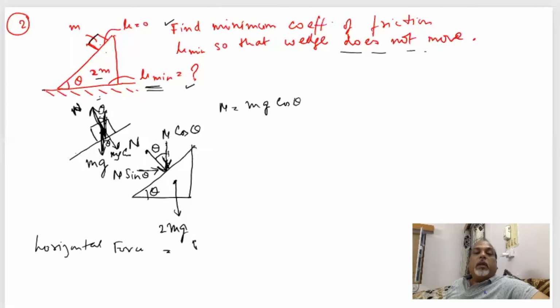This will be nothing but N sin theta, and this is nothing but mg cos theta and sin theta. And vertical force, this is on the wedge.